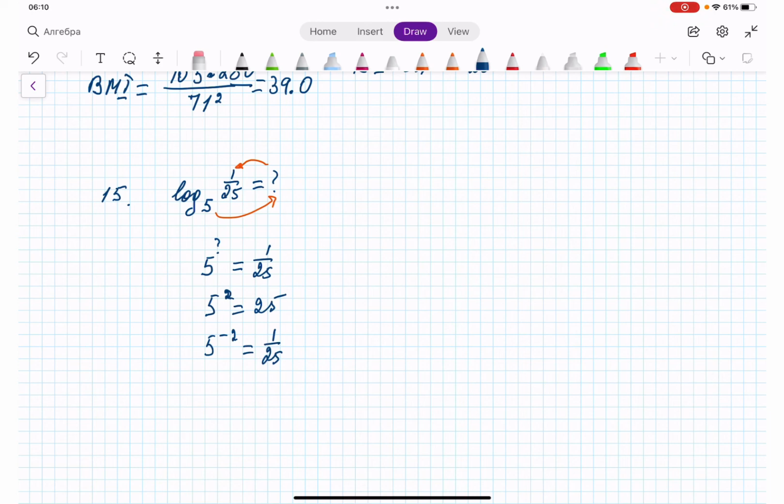And the answer is: logarithm of 1 over 25 by base 5 is equal to negative 2. So 5 raised to negative 2, we get 1 over 25. Okay, question number 16.